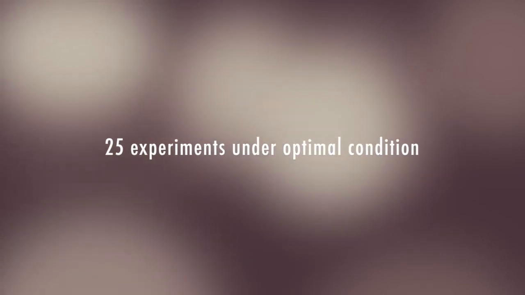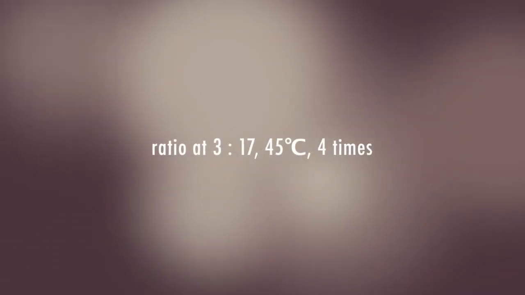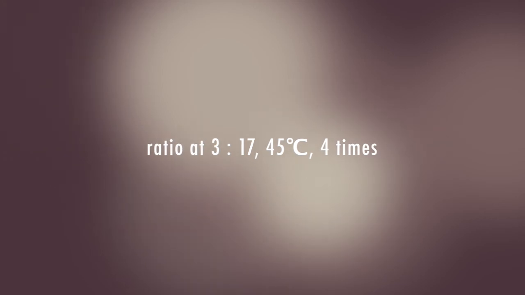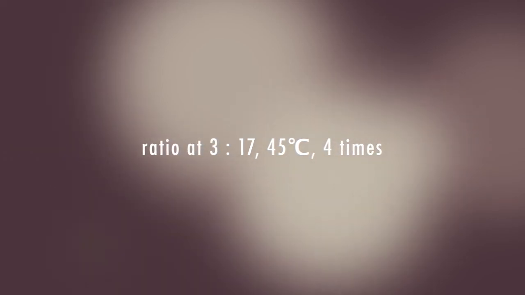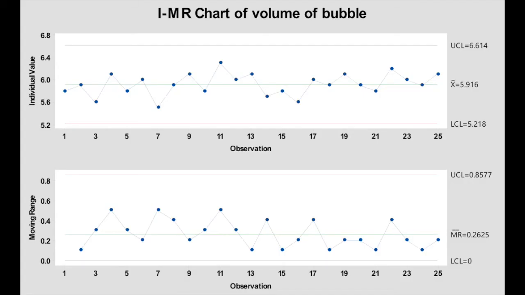Based on our design of experiment analysis, we conducted 25 experiments under optimal condition, which is ratio at 3:17 and 45 degrees centigrade, 4 times of press. To do the statistic process control, we use the IMR control chart, and according to the result, you can see all the data is under control, which means this combination is effective.